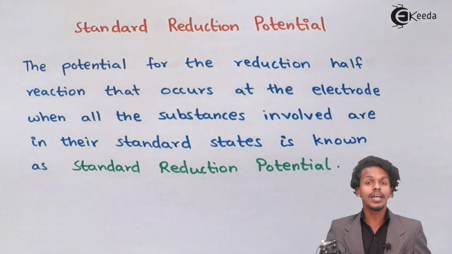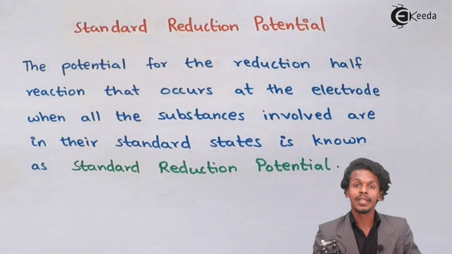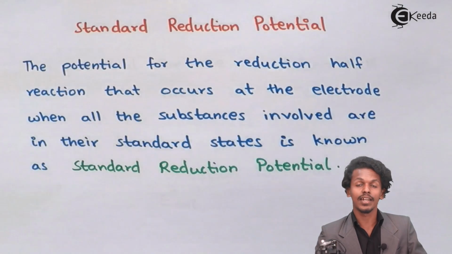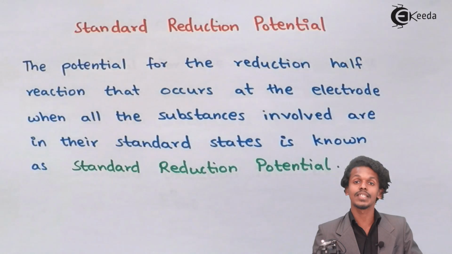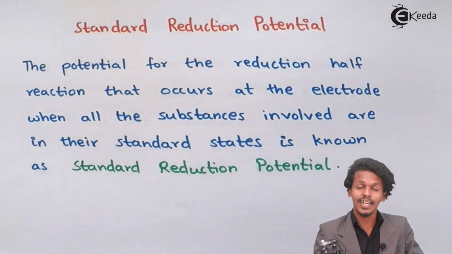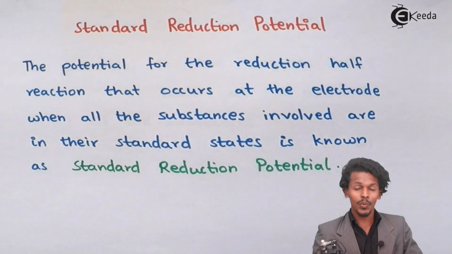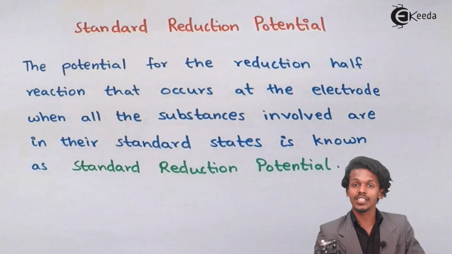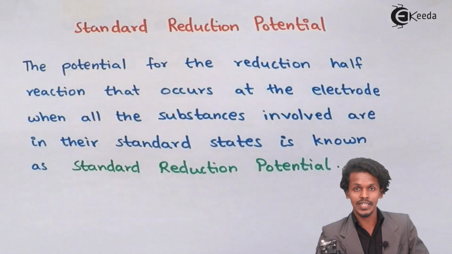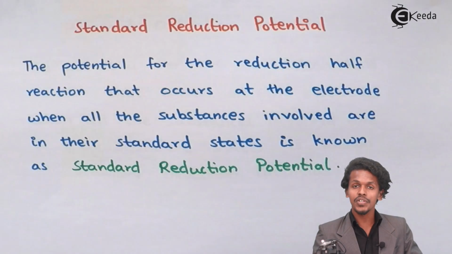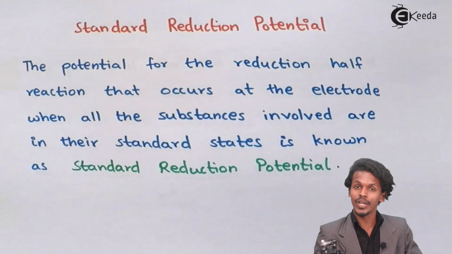So as we know earlier in this lecture, a particular electrode can undergo an oxidation process as well as a reduction process, and the potential that has been generated during that is known as reduction potential. But suppose the standard states, that is, the electrolyte in which it has been dipped has a concentration of 1 molar, the pressure is maintained at 1 atmosphere and the temperature is maintained at 25 degrees Celsius.